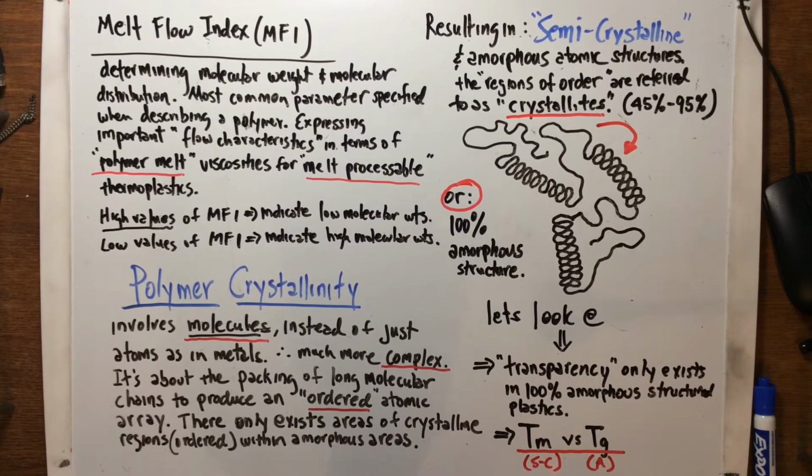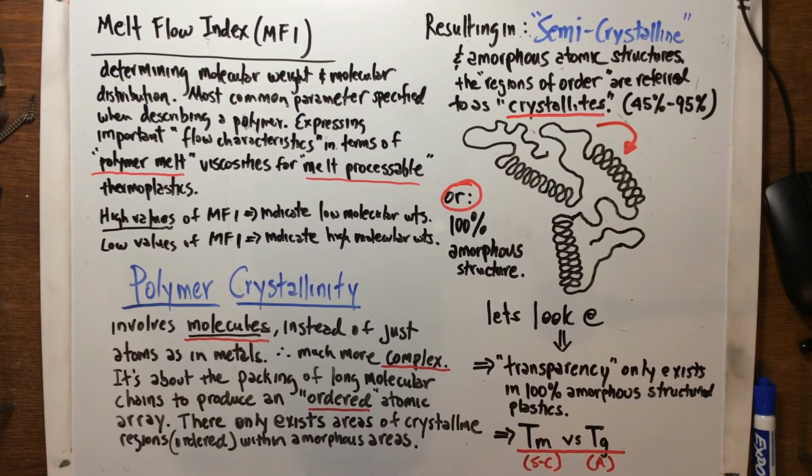What's taking place is that only 100% amorphous structures are going to be completely transparent. So any kind of completely transparent plastic that you see, like the lenses in your glasses, is going to be an amorphous, 100% amorphous structure.